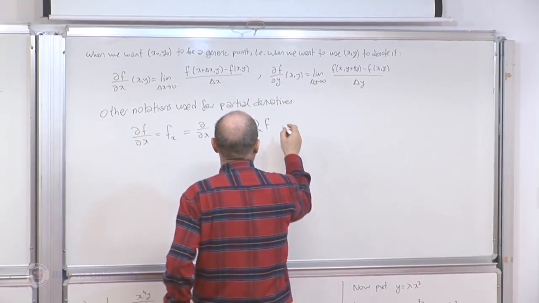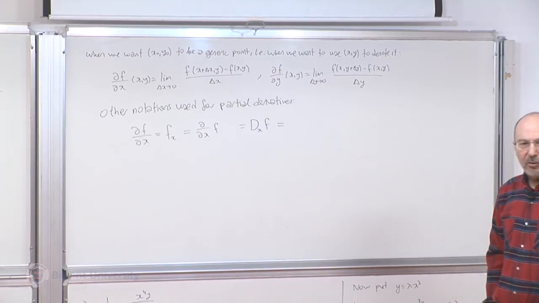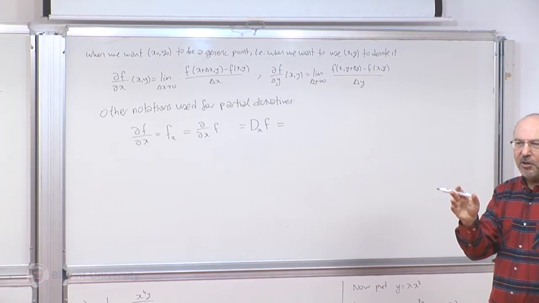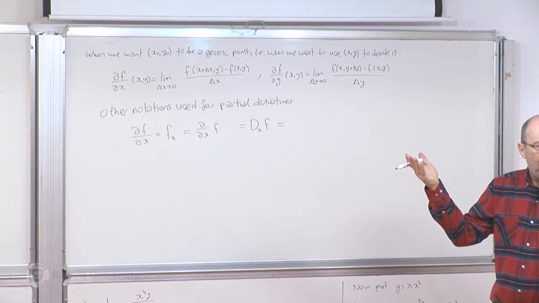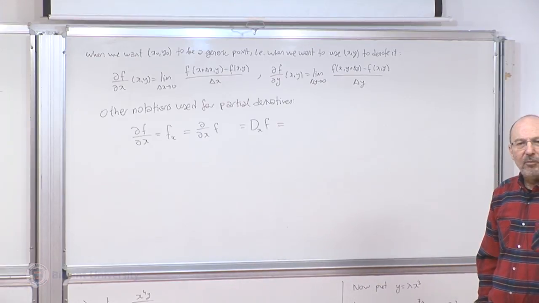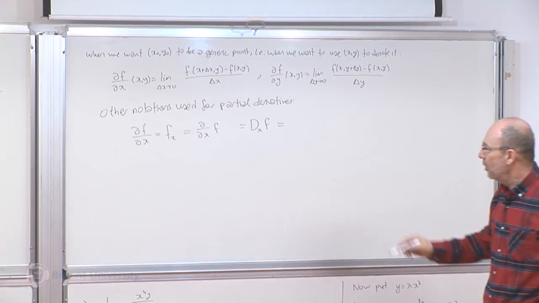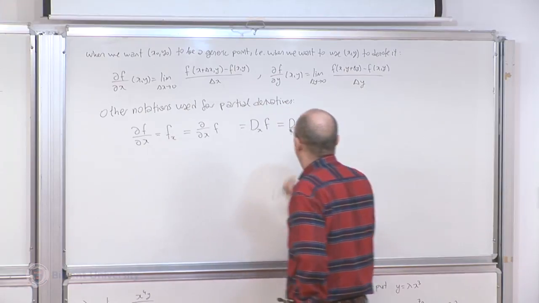And sometimes when we have more than 2 or 3 variables, up to 3 variables, x, y, z is okay. But when you have 5 variables, x, y, z, w, what are you going to use after that? So you use as the names of the parameters x sub 1, x sub 2, etc. So you say, I'm taking the derivative with respect to the first variable of f.